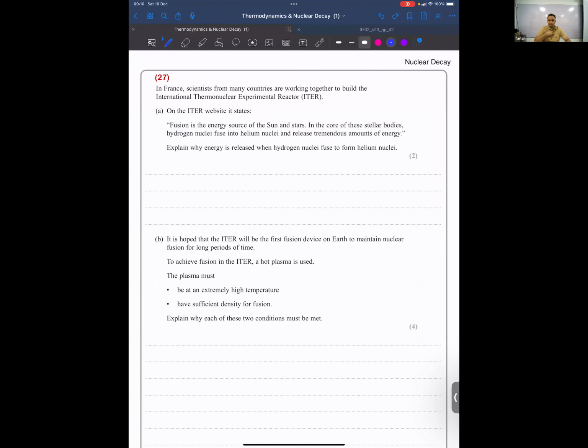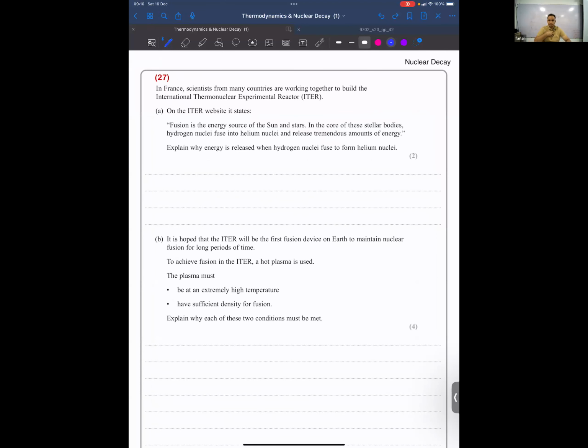Do you know Sri Lanka is planning to put up a nuclear power plant? Yes. Is it nuclear fusion or fission? Fission. All the nuclear power plants are nuclear fission. There are no nuclear fusion power plants. So nuclear fusion reactions happen where? In the core of a star.